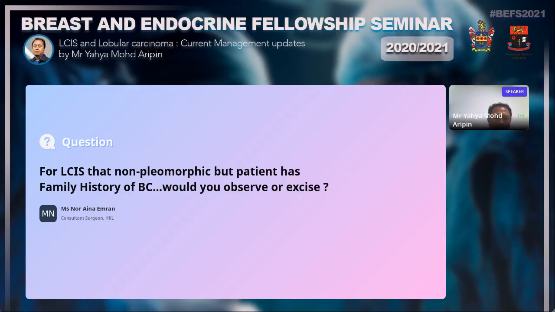For LCIS that is non-pleomorphic, but the patient has a family history of breast cancer, would you observe or excise? How bad is the family history?